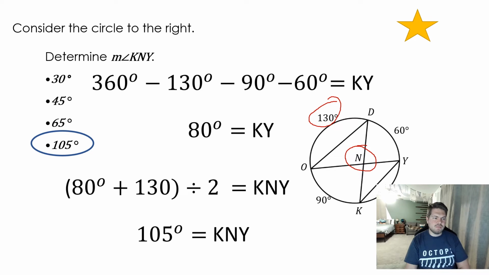So again, we'll talk about this more when we get a little bit further into our videos. But once you know this, it is one of the other ways I was able to solve for every angle in the circle for the first video. All right, let's move on to the next problem.